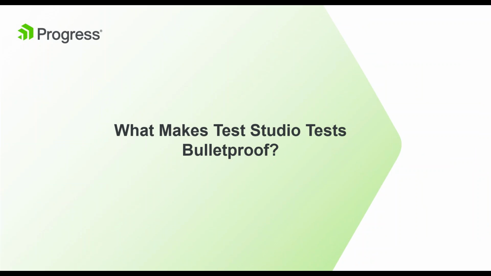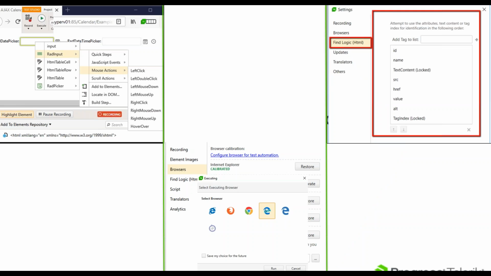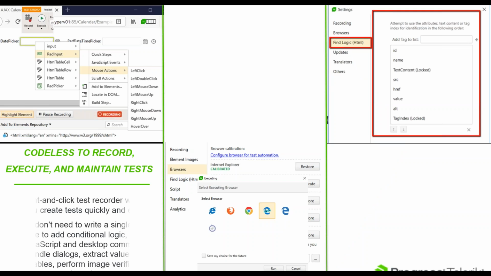With that said, let's move further throughout the presentation and talk a little bit about what makes Test Studio tests so bulletproof. And I'm going to outline some of the major features and benefits that Test Studio provides. First and foremost, you can use our point-and-click recorder, which allows you to codelessly record your tests.